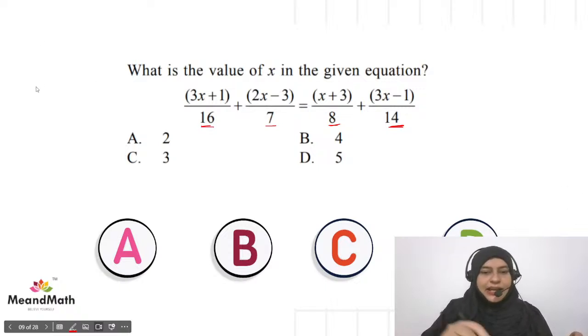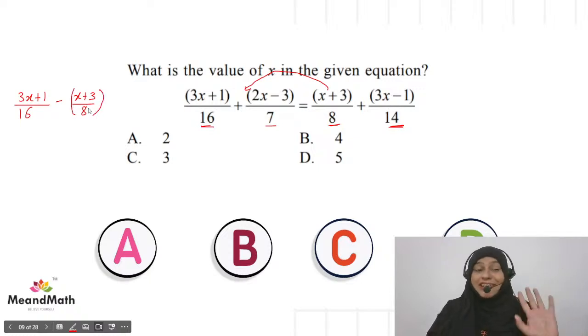Here you can say that 3x plus 1 divided by 16. Right? Now take this term here. So it will be minus (x plus 3) divided by 8. Right? Let's take it in bracket. Why? Because there is a negative sign.